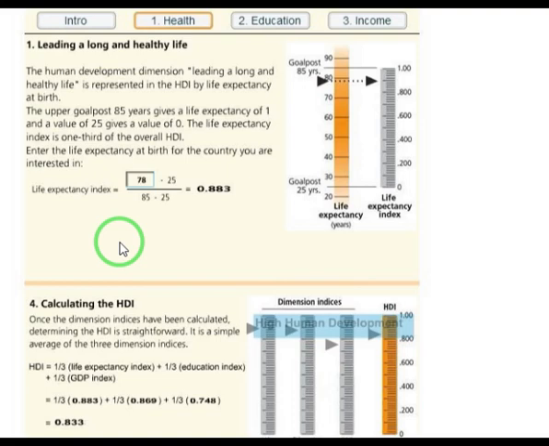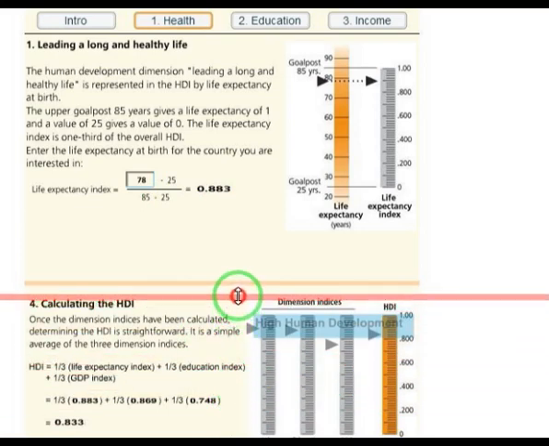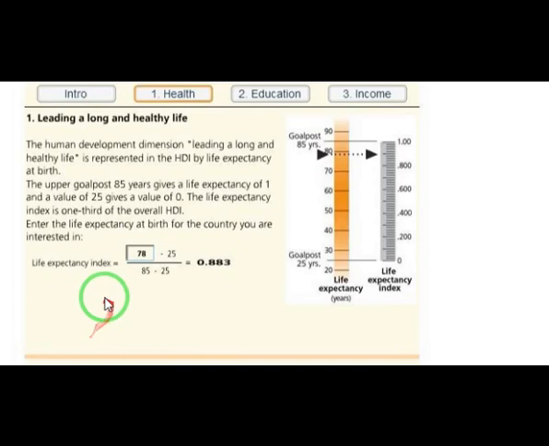So in order to calculate, we need formulas, and we have these formulas. This formula is the formula for the life expectancy index. Life expectancy index is equal to 78 minus 25 divided by 85 minus 25, which is equal to 0.883. This is the life expectancy index formula, and the 78 value is in a block over here.